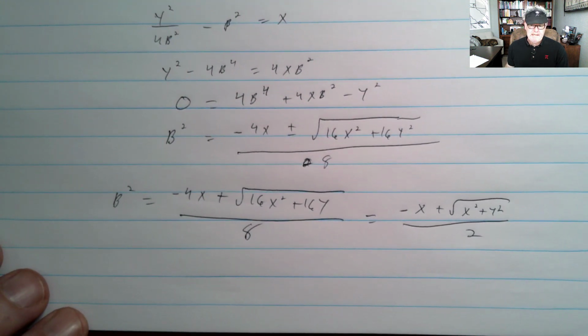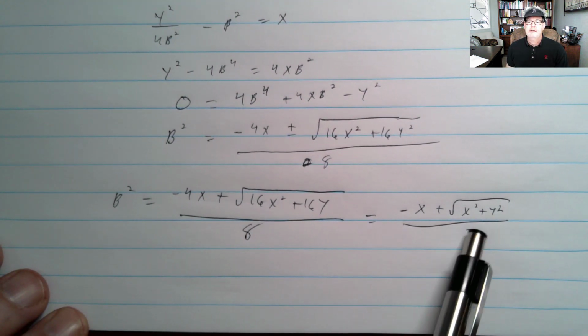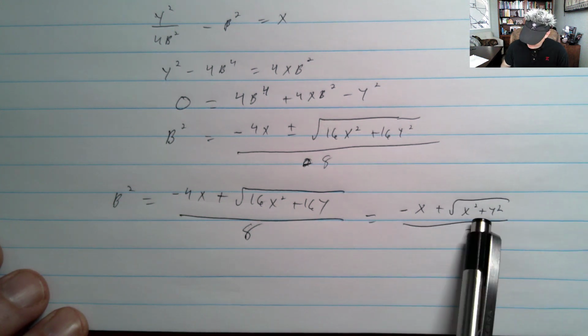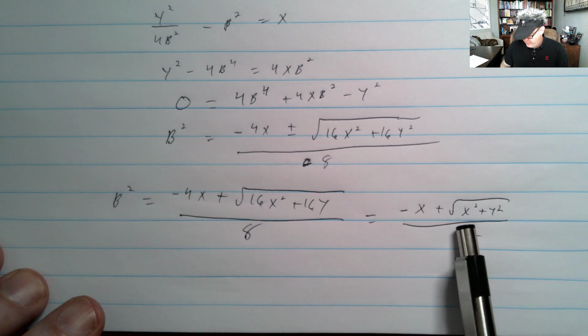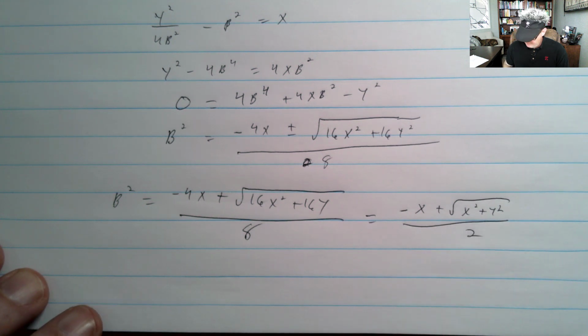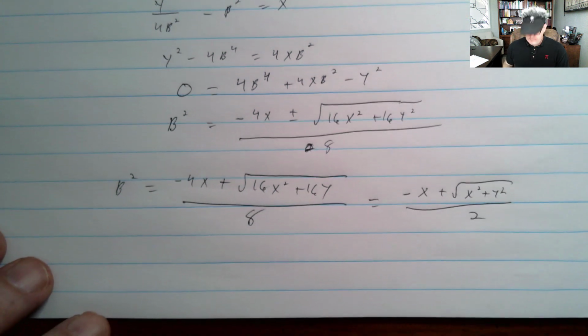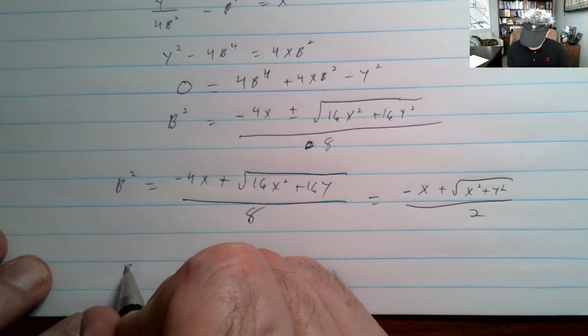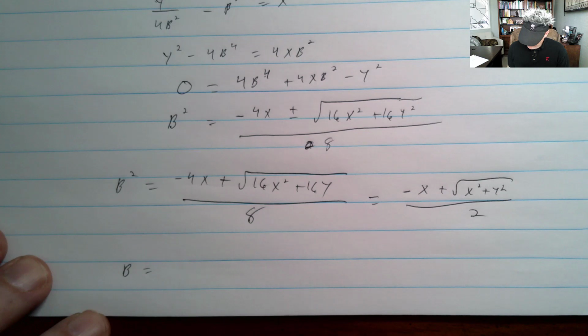And again, b is positive, which it will be. B squared's positive here, or it could be 0, but it's not negative. So I can take square roots of both sides, and I'll take the positive root again.